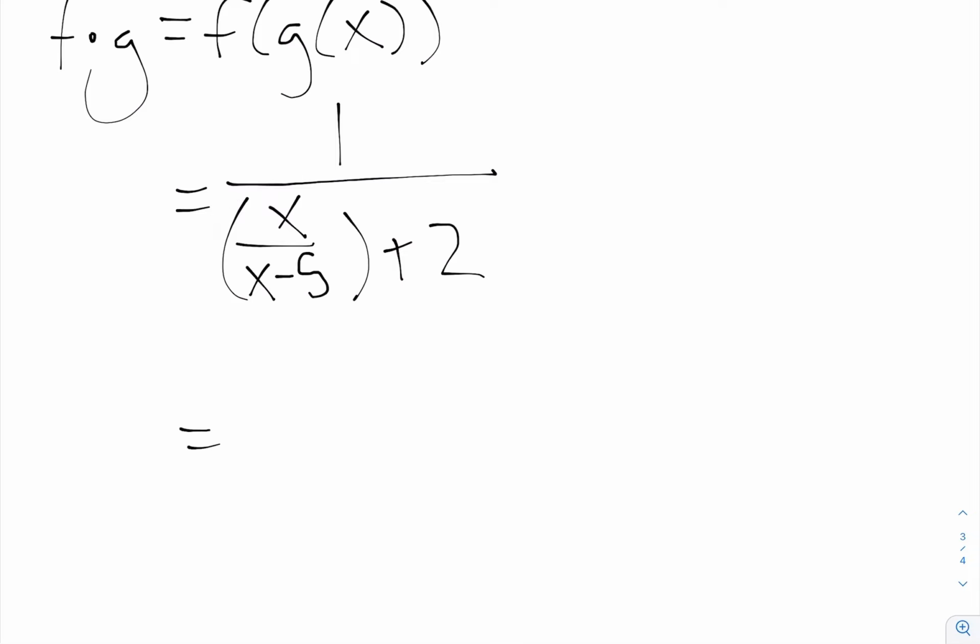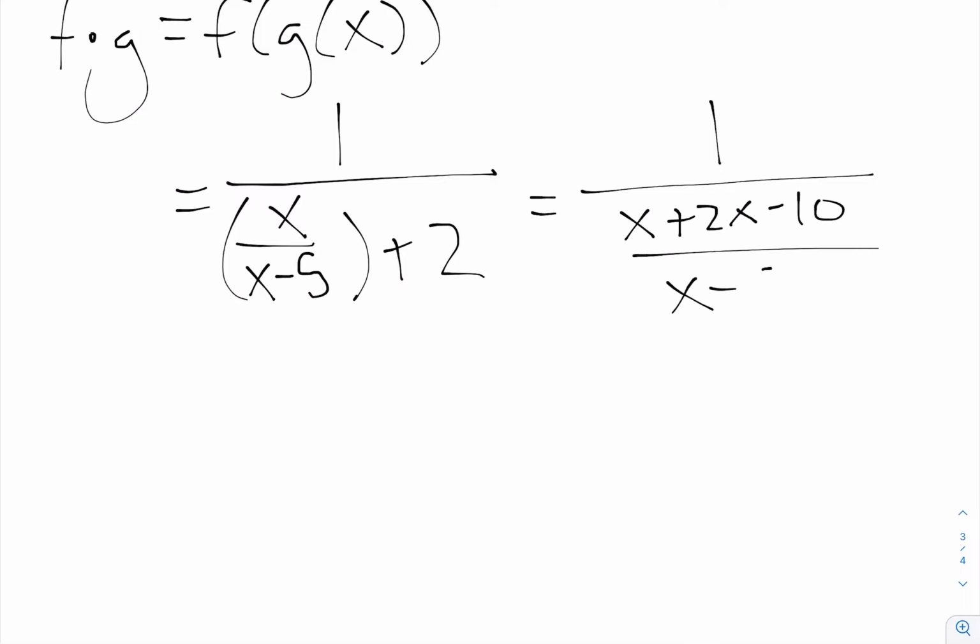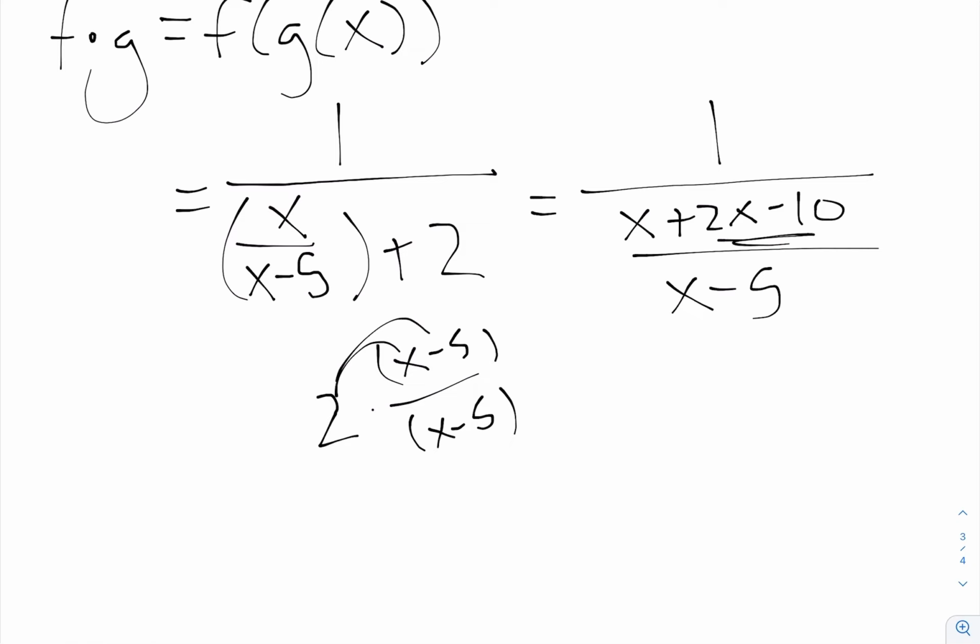So this is the same as 1 over x plus 2x minus 10 over x minus 5, because 2 times x minus 5 over x minus 5 gives 2x minus 10. Our new denominator is x minus 5. We had this x to start, and we were adding it.